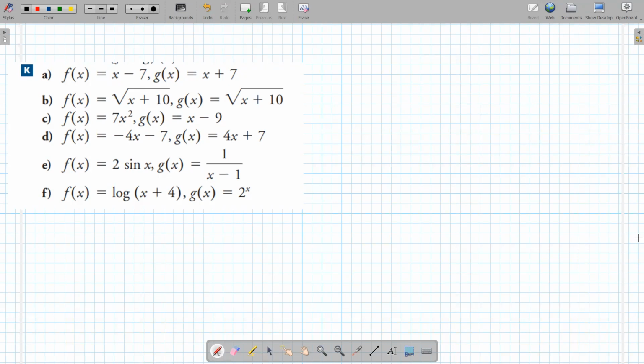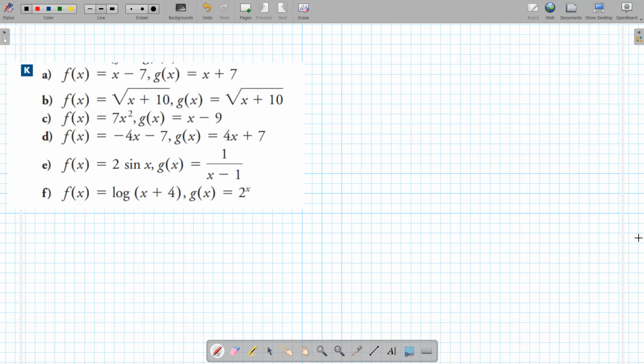Slope of positive 1 for both of them. What's their domains? What's the domain of a linear function? Negative infinity to positive infinity. Exactly. So what's going to be the combined domain? The same, one and done.